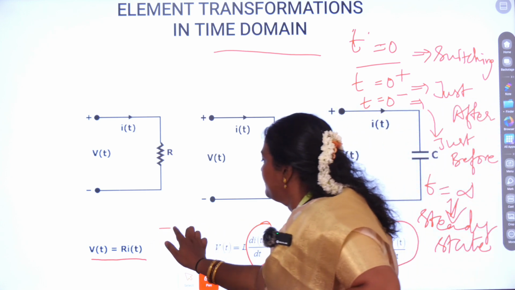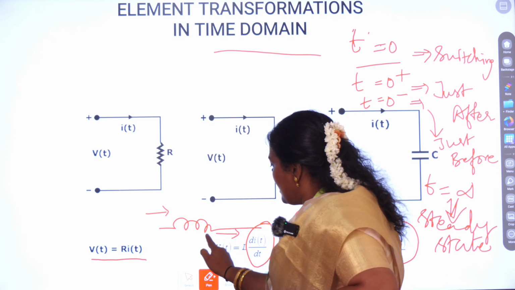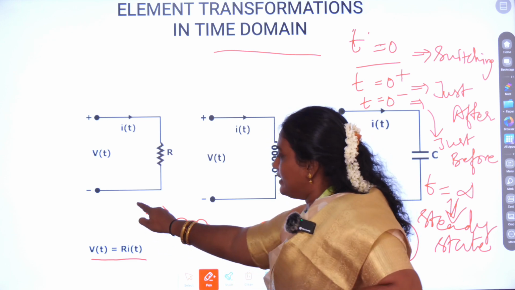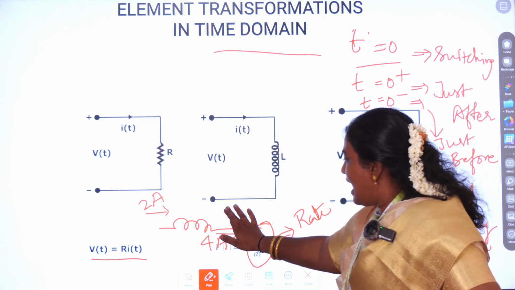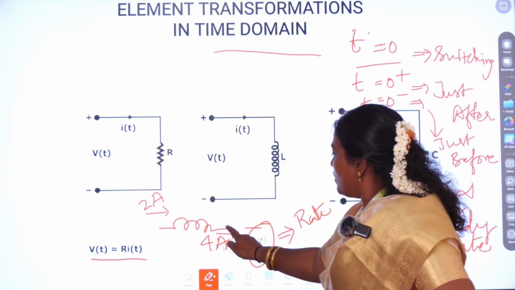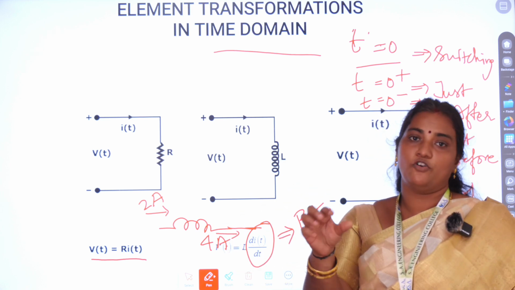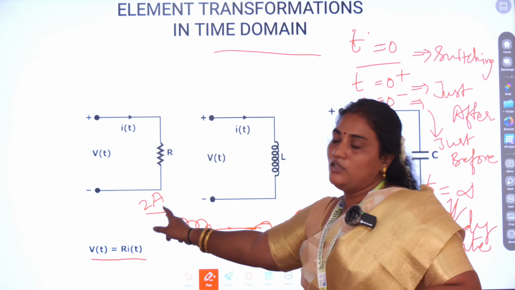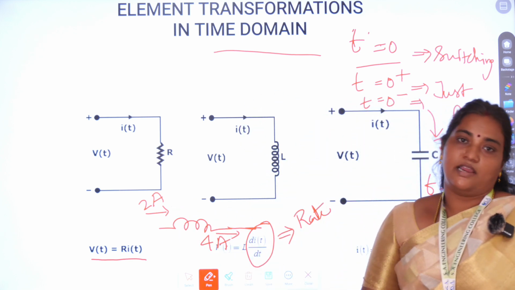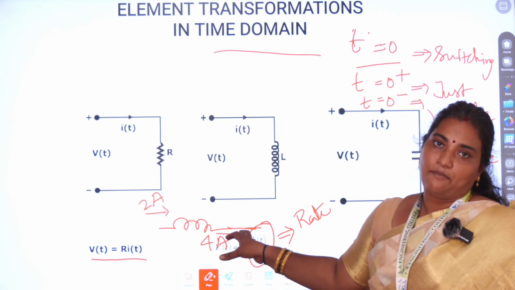Suppose an inductor already has 4 amperes of current, and then it is asked to allow 2 amperes. It will not affect the 4 amperes instantly. It will take some amount of time to make the transition from 4 to 2. So that is called the transient time analysis. Is it clear? So this will be known as your transient time analysis.